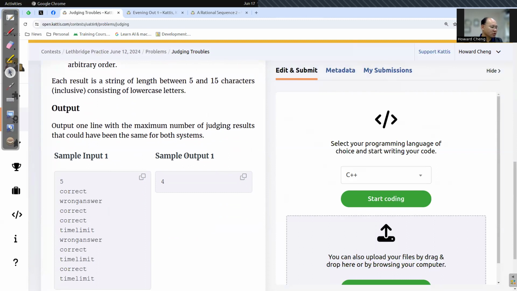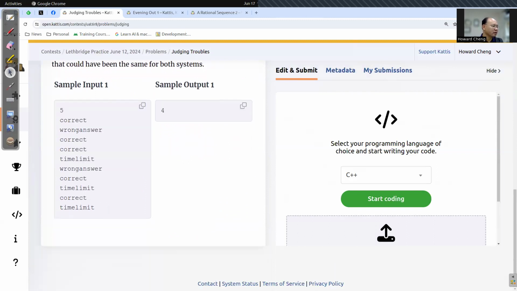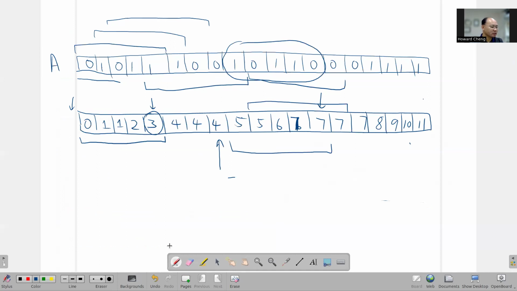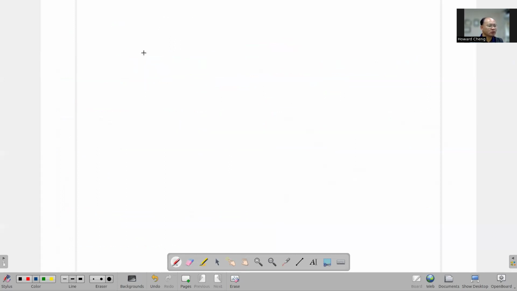Okay, so basically, I don't really care about what these words are, so I'm just going to call them A, B, C, D, E. So on judge one, maybe you have a bunch of A's, B, A, C, C, B. Maybe you have a D, I don't know.